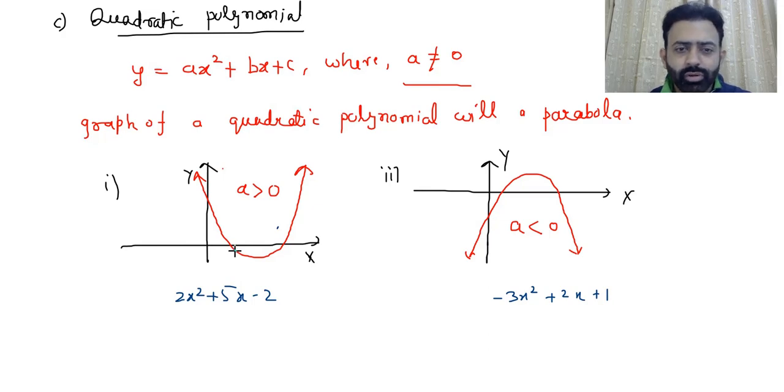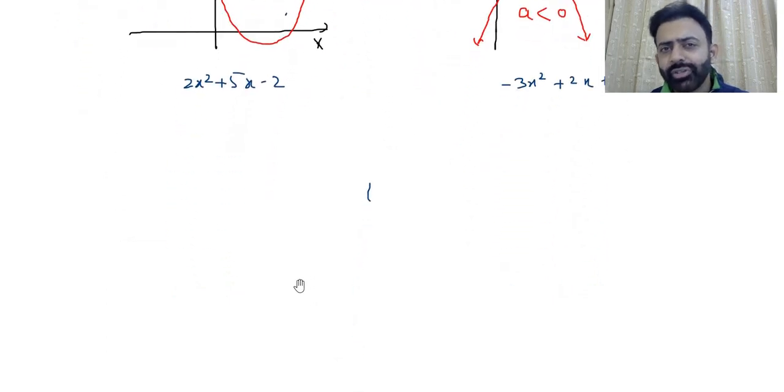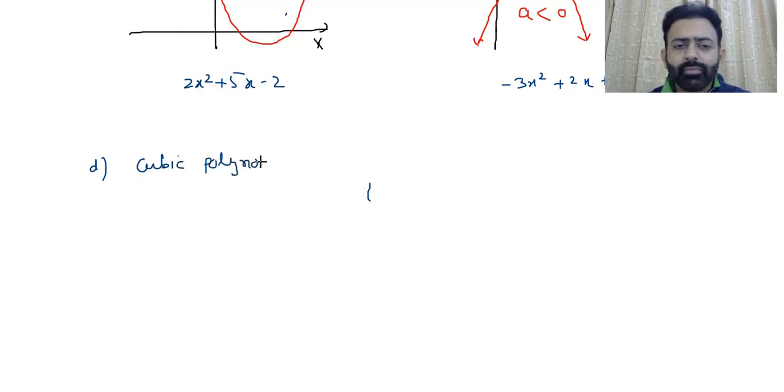So this is quadratic. And lastly, you can increase the degree from 2 to 3, 3 to 4, 4 to 5, and just for the namesake, the fourth category is the cubic polynomial with the degree 3.